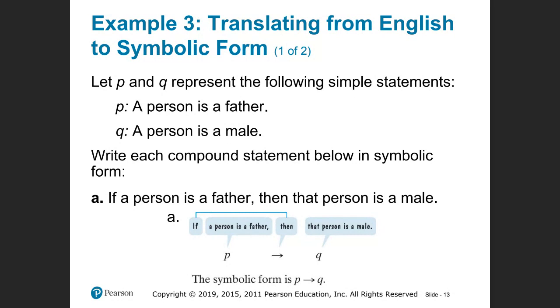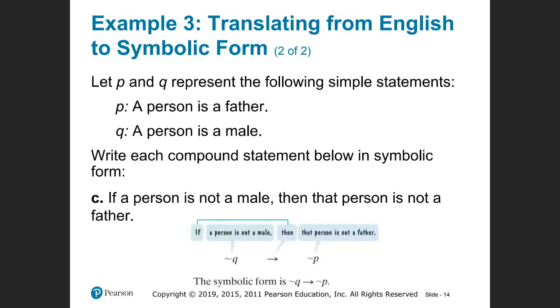So we've got if, then. If a person is a father, that would be P, then the arrow, that person is a male, Q. Okay, using this P, a person is a father, and Q, a person is a male.